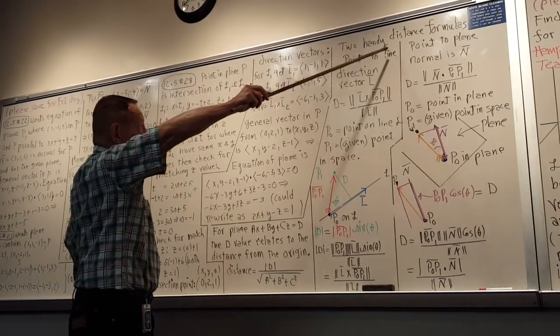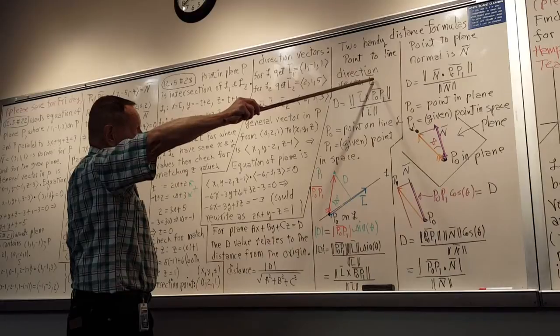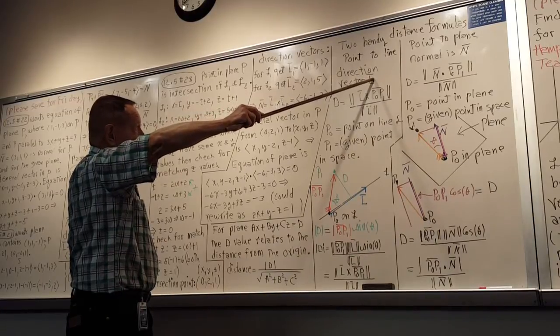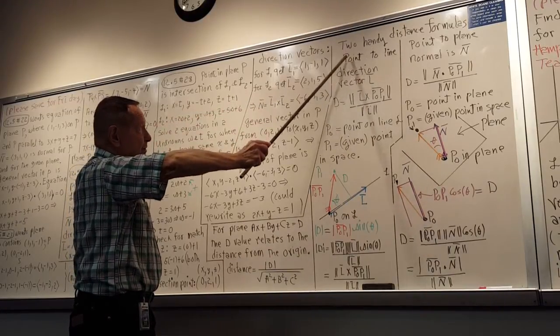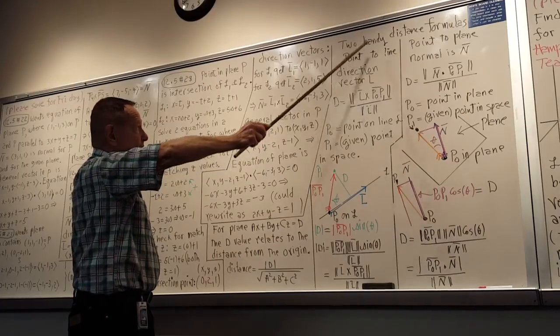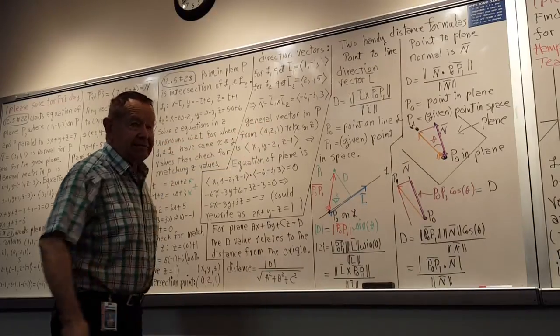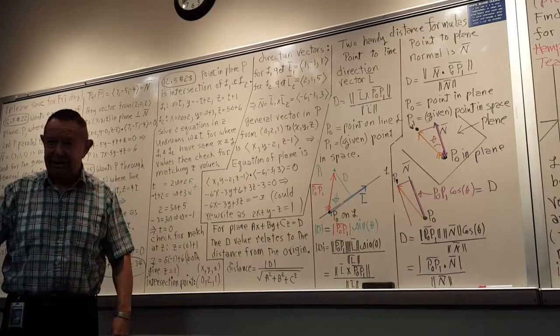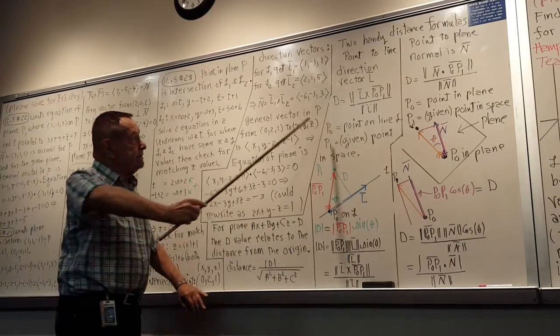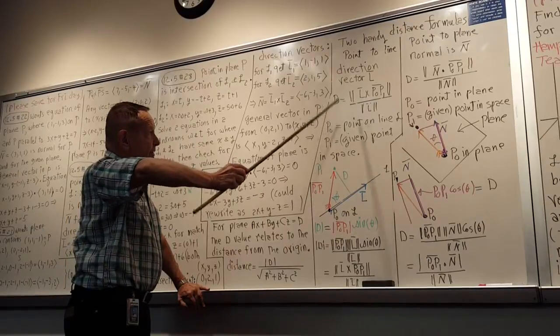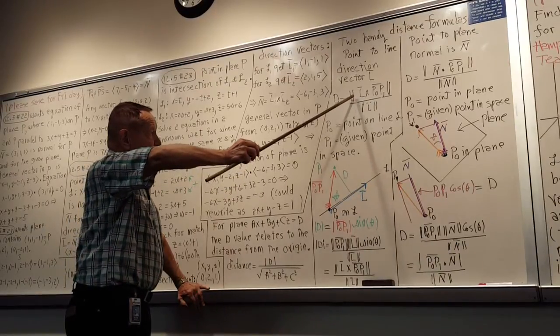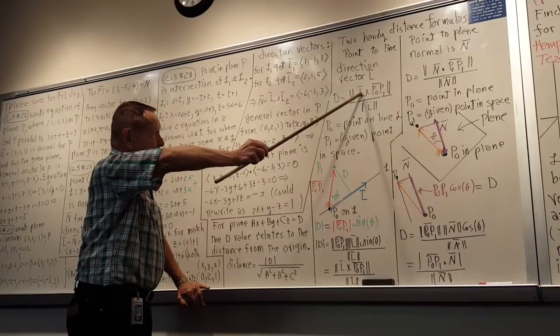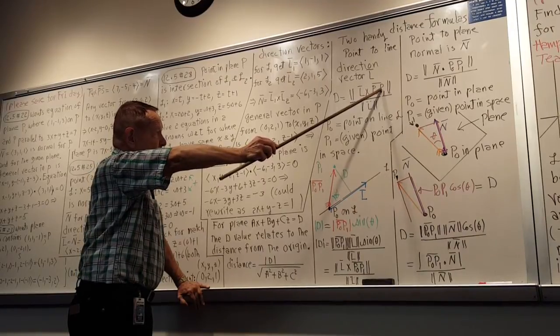So if you have the line, it has a direction vector. We assume you know the coordinates of the point and you know the parametric or Cartesian form of the equation of the line. So then it turns out that the distance, this is the magnitude of a cross product.